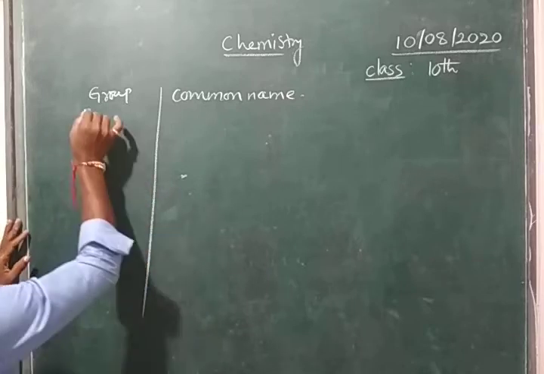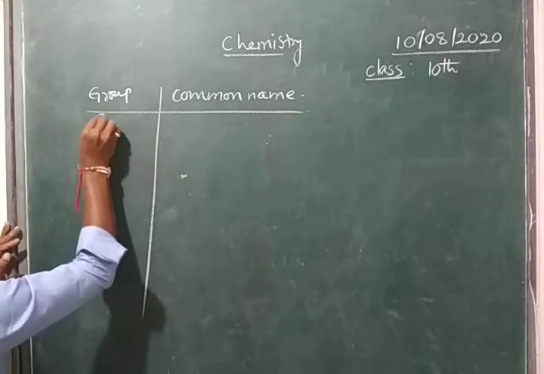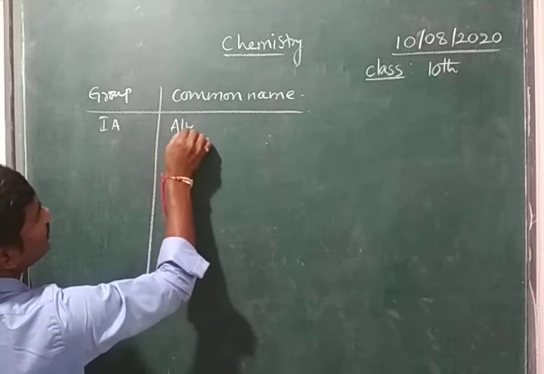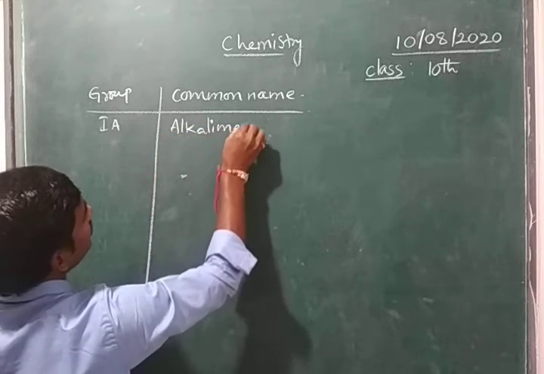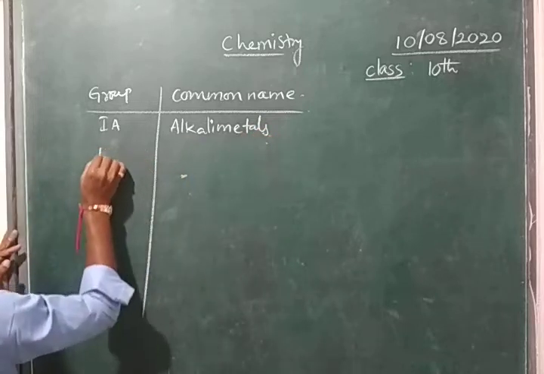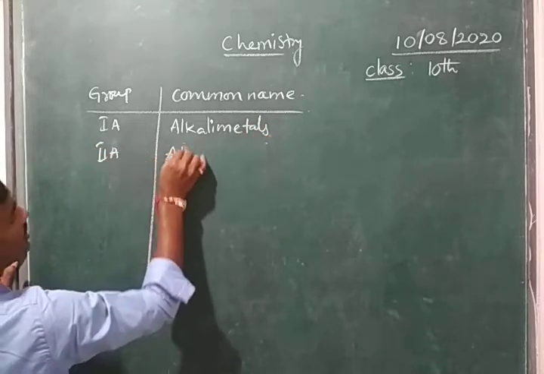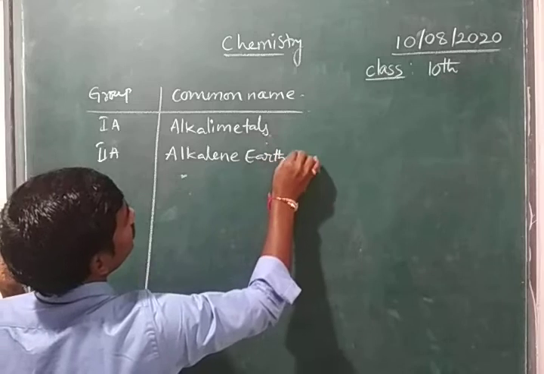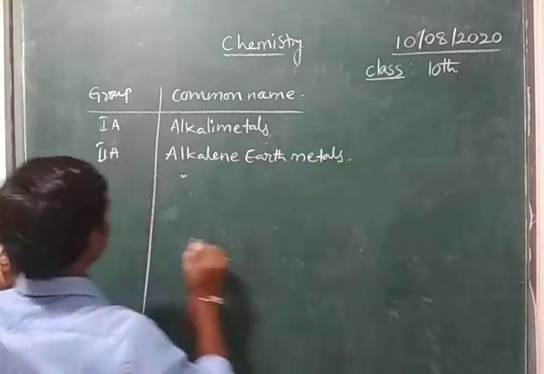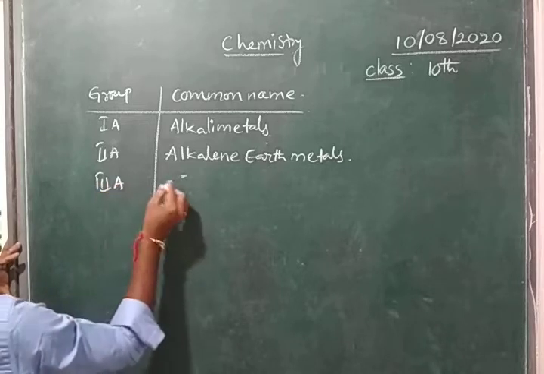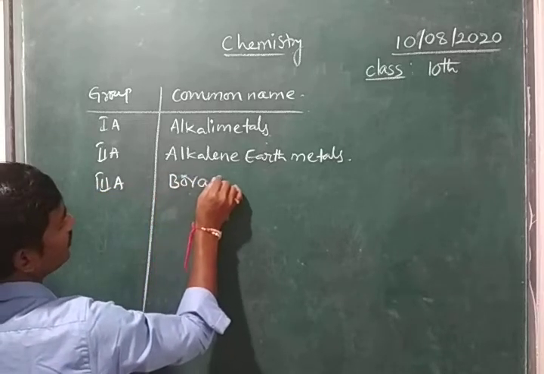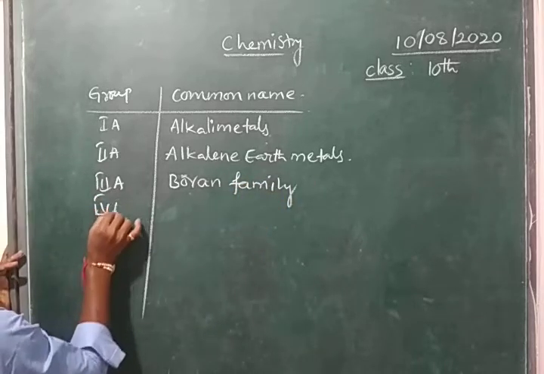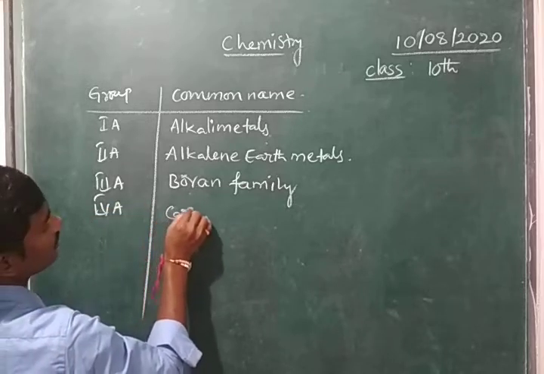Suppose we take first A group, we consider it as alkali metals. Second A group we consider as alkaline earth metals. Third A group is the boron family. Fourth A group is the carbon family.